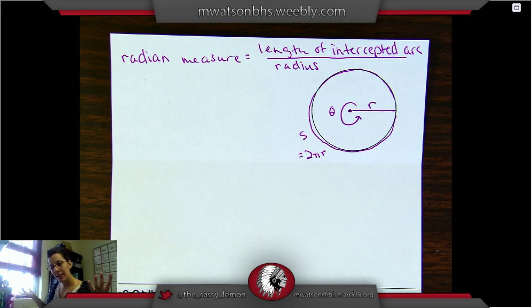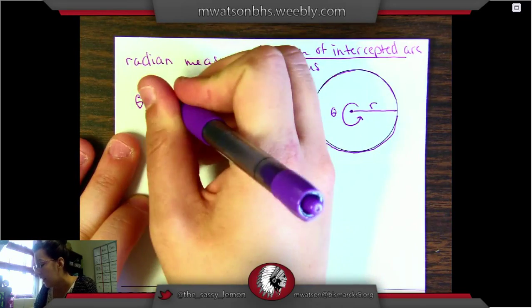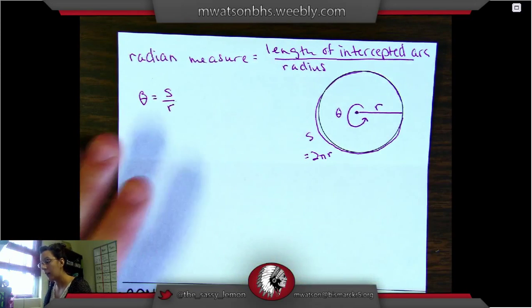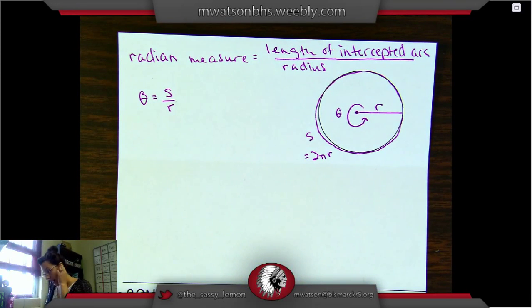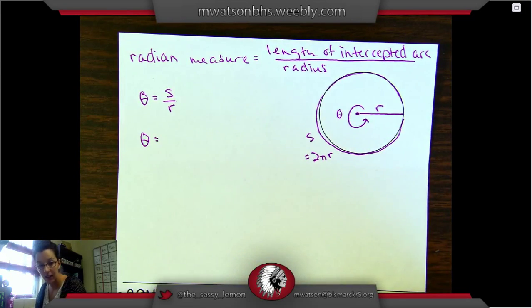Just for kicks, let's see what happens when we try to calculate the radian measure in this example. So we're going to say theta equals, and for starters, I'm going to go ahead and write that abbreviated version here so we can see theta equals S over R. So now we're going to actually plug things in to try to calculate something.